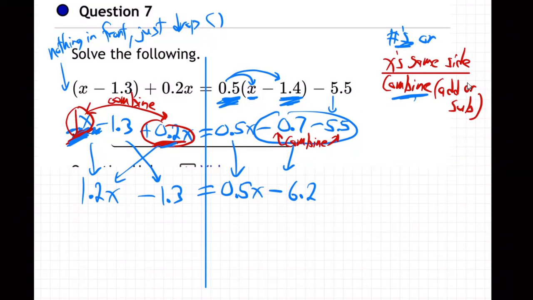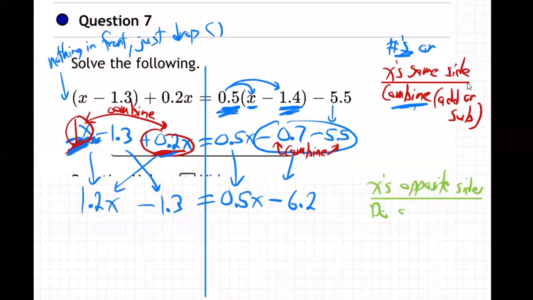Now we have something a little different. X's on opposite sides, right? So x is on opposite sides. We do the opposite of either one, same to both sides.